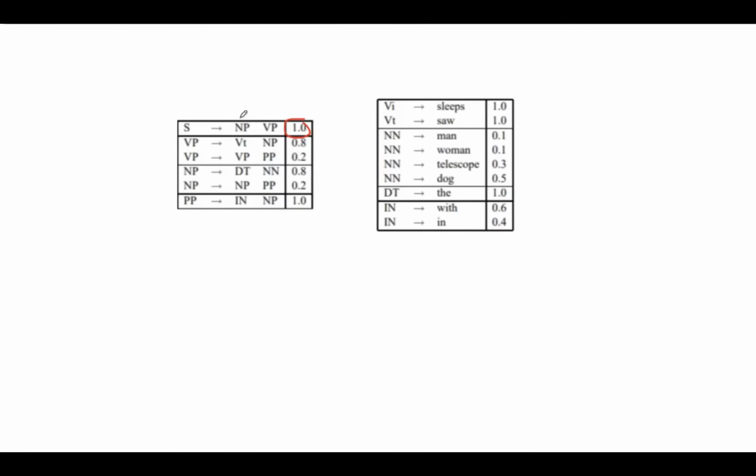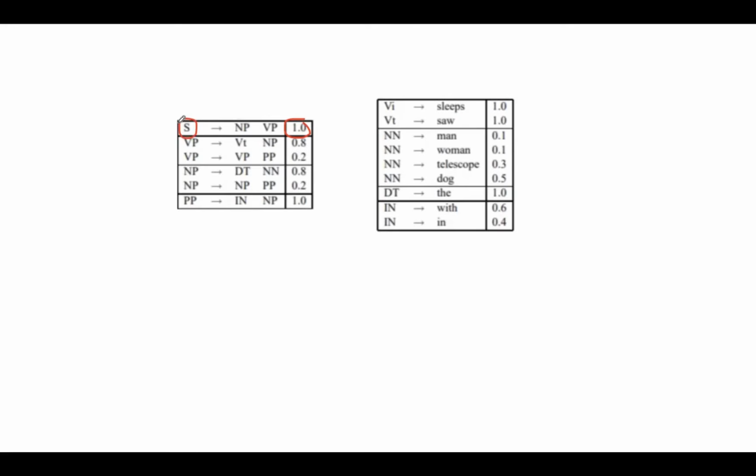I have a set of context-free rules, and I'm assuming S as the start symbol. We also have probabilities for each rule.